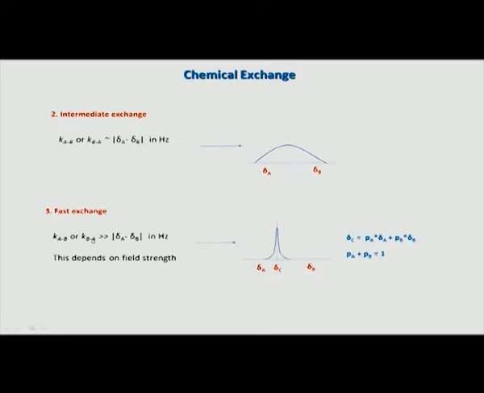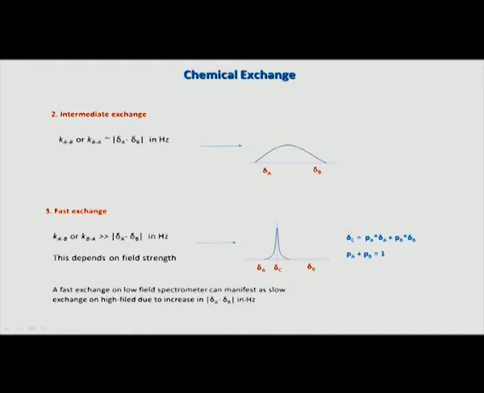But the exchange rate can now be called slow or fast based on what the value is in hertz. So, therefore, a fast exchange on a low field spectrometer, let us say 200 megahertz, can become a slow exchange on a high field spectrometer, suppose 800 megahertz, because this will now increase.